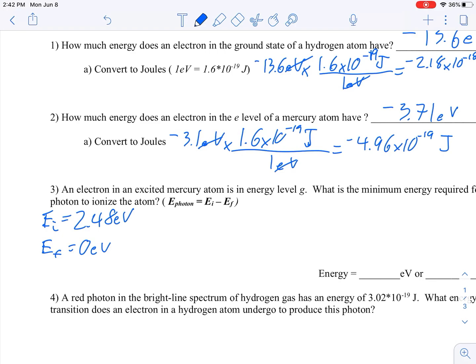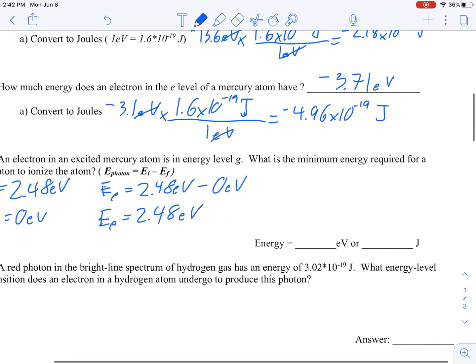I tend to ignore the negatives. I don't make any of them negative. It works out for me, so I'd recommend you try the same. So energy of the photon equals 2.48 electron volts minus 0 electron volts. So energy of the photon is 2.48 electron volts.